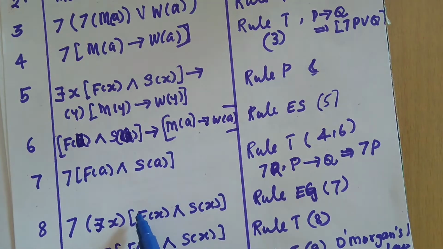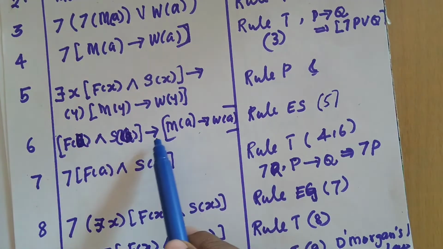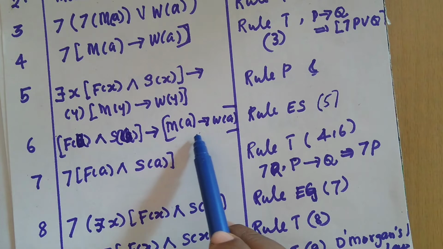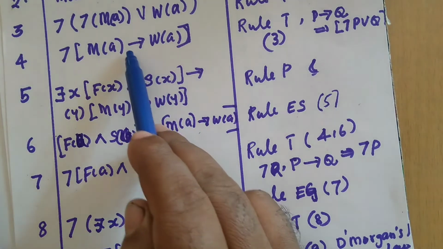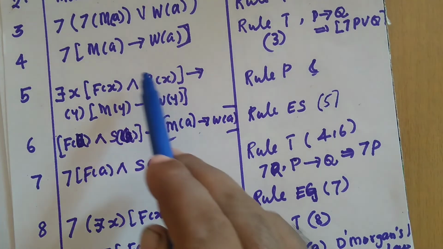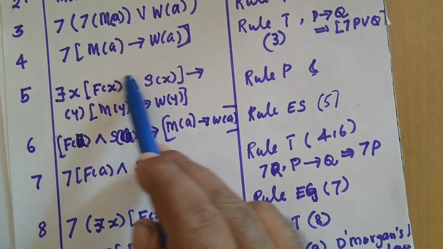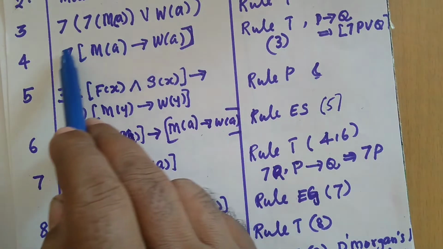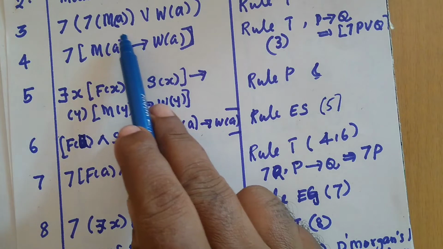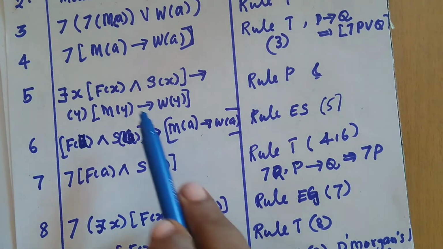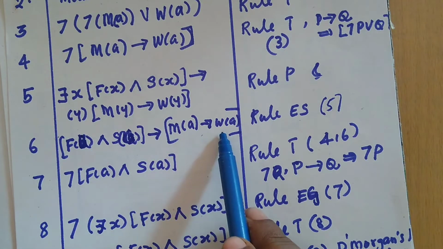Now its negation is only this one, M of a implies W of a. So if it is P, then this is negation P. Or if you take this negation P as P, its negation is negation of negation, equal to M of a implies W of a.